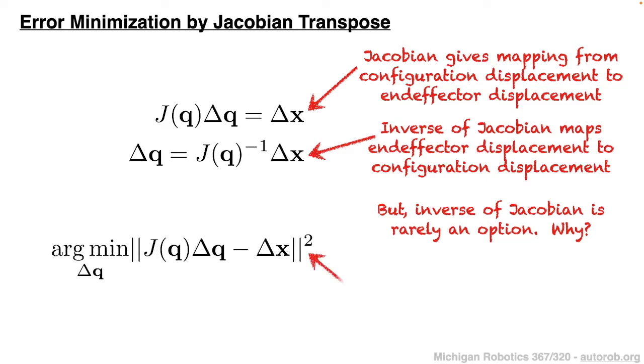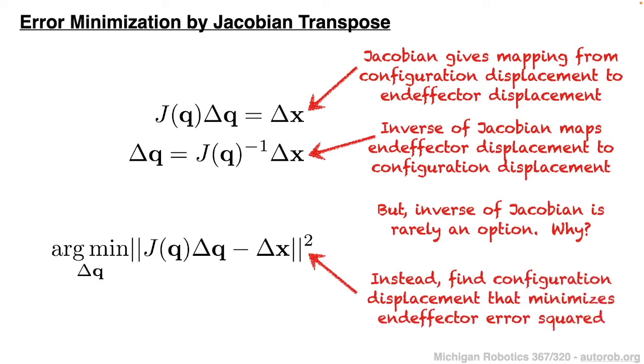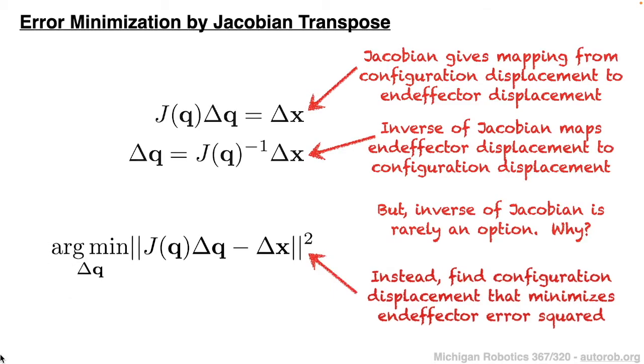And so instead, what the Jacobian transpose is proposing to do is to find a configuration displacement that will minimize the end effector error squared. So we're going to be doing this optimization over this argmin here.